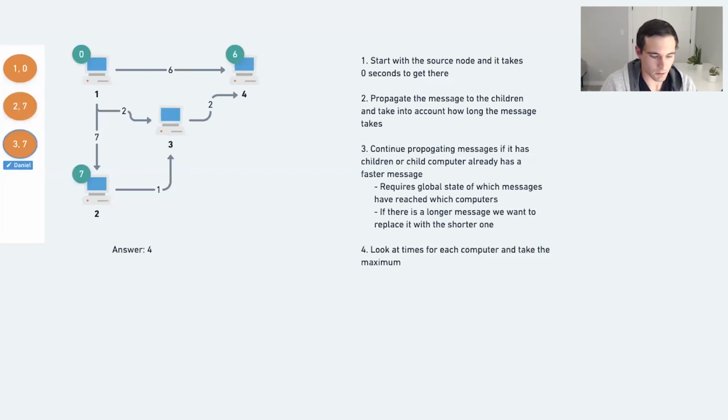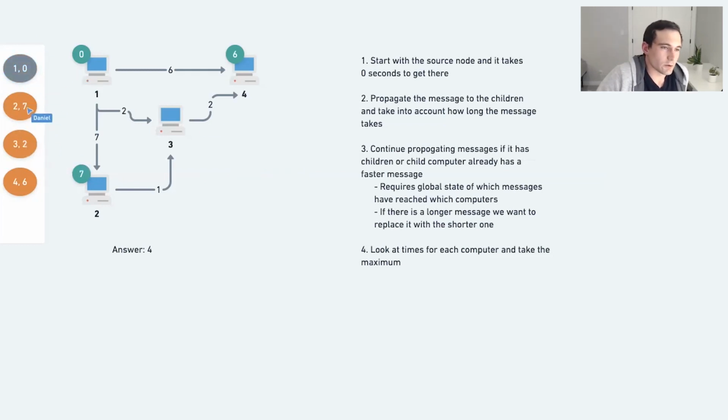We got to the third node in 2 seconds, and we got to the fourth node in 6 seconds. And this would be grayed out because we've already processed it.